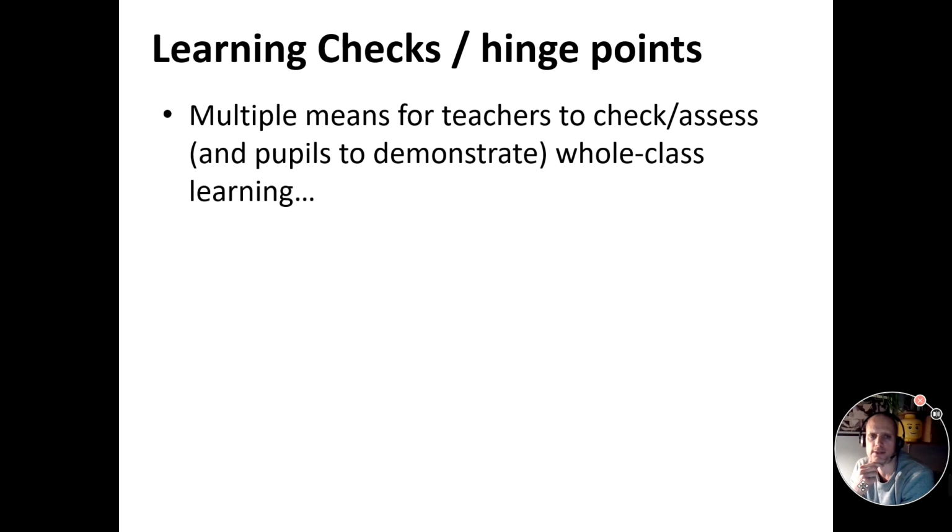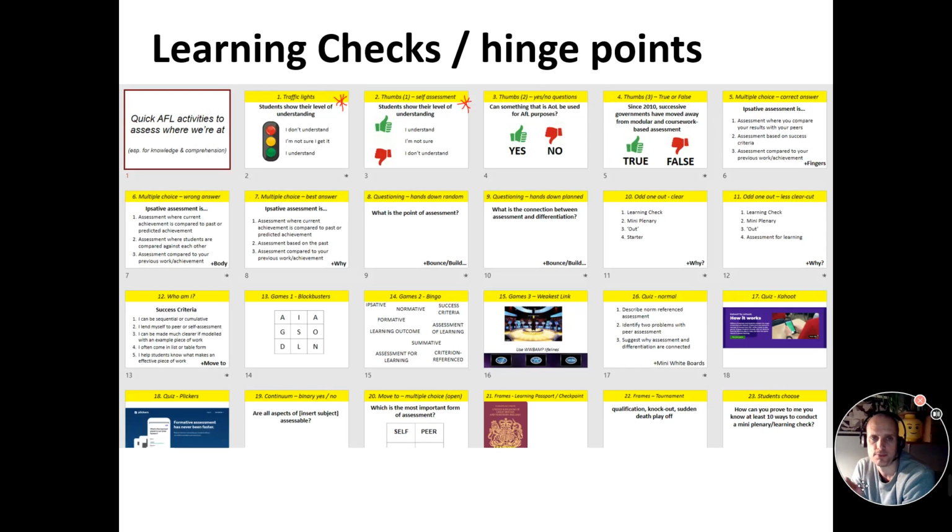Now, there's a huge number of ways for teachers to check or assess whole class learning. In fact, in the description of this video on YouTube, I'll put a whole PowerPoint dedicated to this, with I think 20 different ways to assess learning of a whole class, to assess whether or not the time is right to move on.